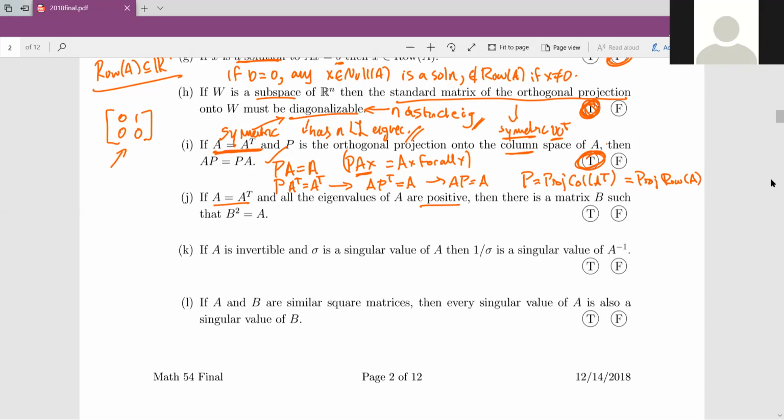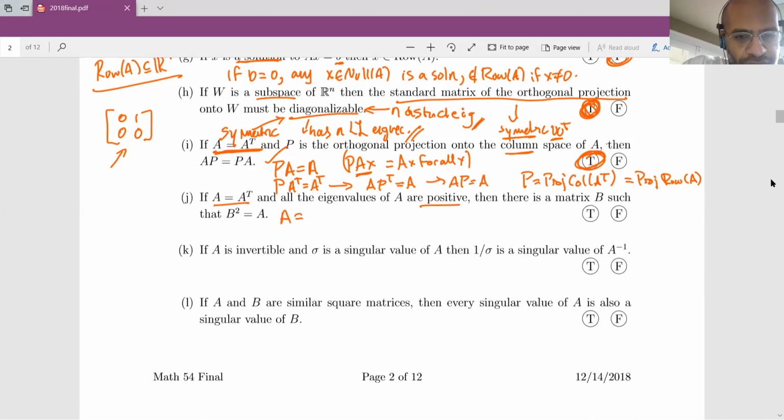Aren't the eigenvalues also the squares of the singular values? Yeah, they're also squares of the singular values. That's correct. But how is A related to its eigenvalues and so on? There is an orthonormal basis of eigenvectors, right?